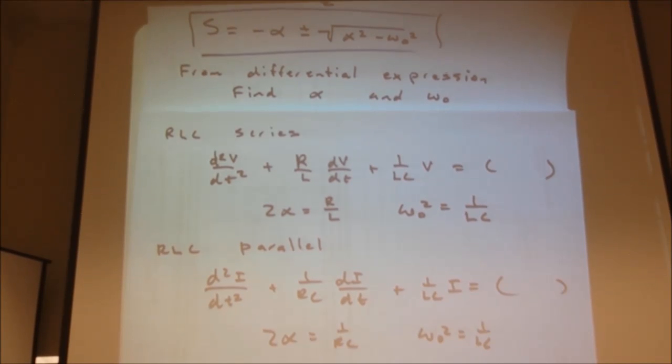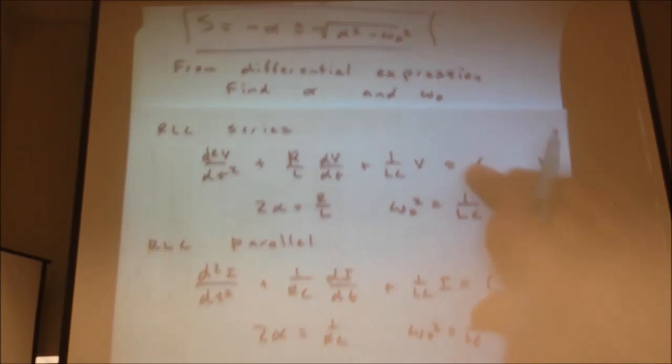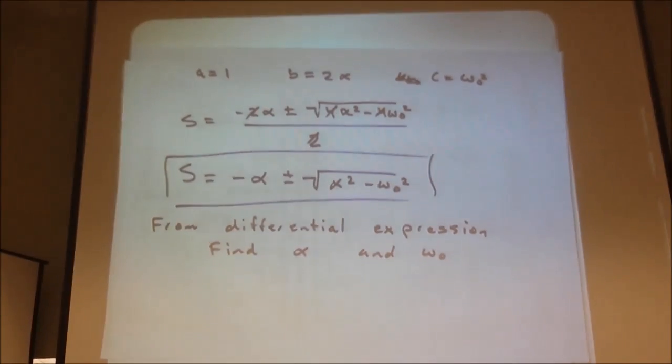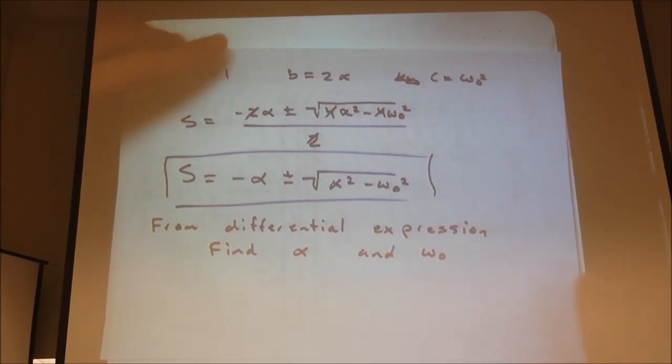So do the circuit analysis to get the differential expression. Once you get it in that form, then you can stop thinking about it as a circuit. So this is the circuit analysis. This becomes the mathematical process for finding our final value.